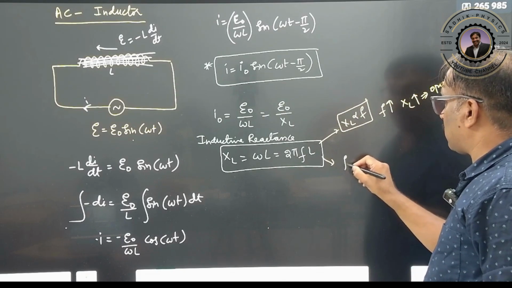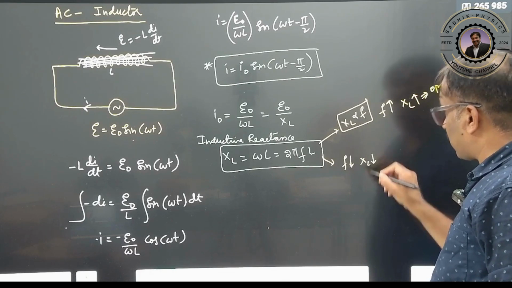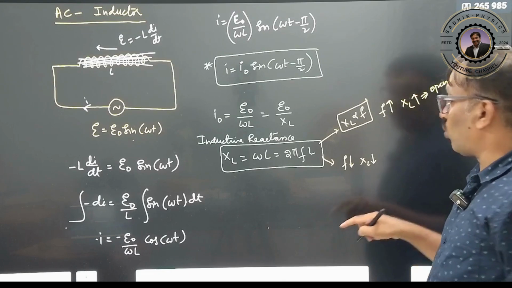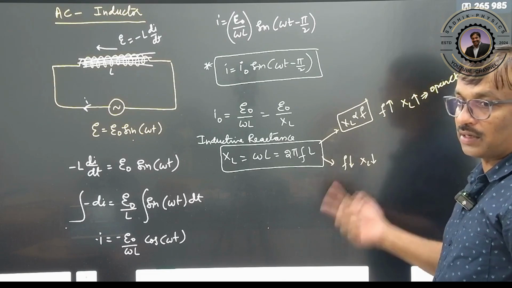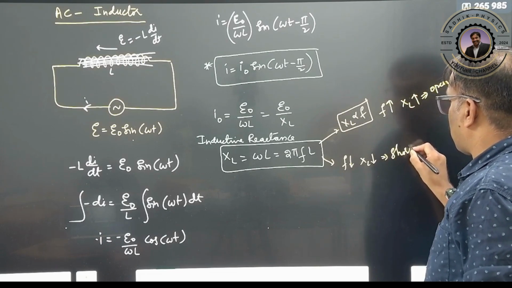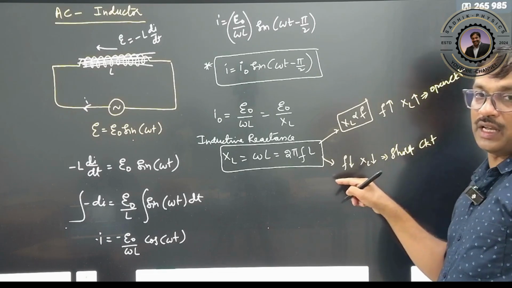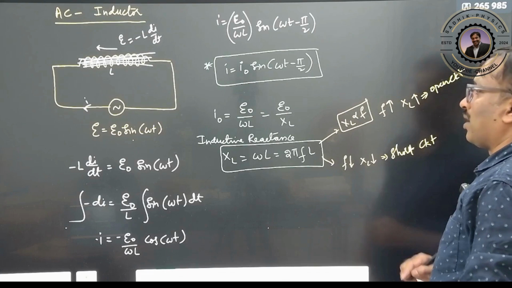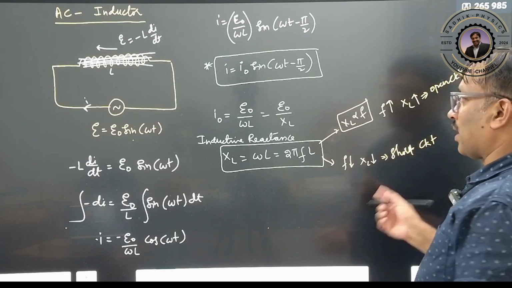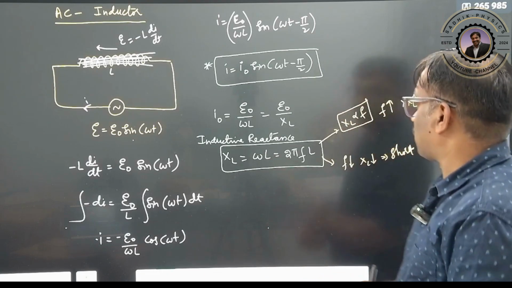At lower frequencies, inductive reactance decreases, meaning low resistance, so it conducts more current. So it will act like a short circuit. When low frequency is there, it acts like a short circuit. That means for DC it acts like a short circuit, just a simple wire, right?